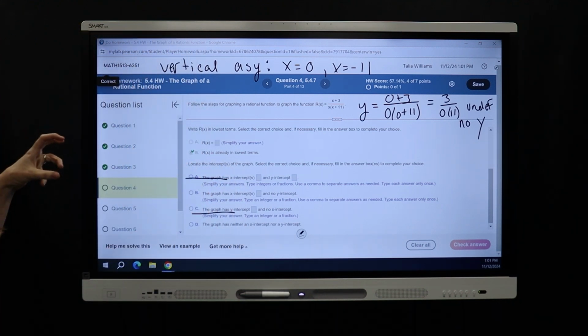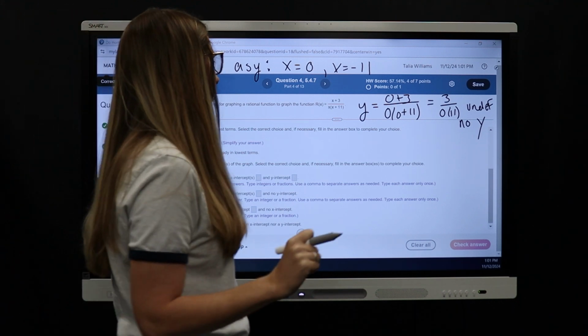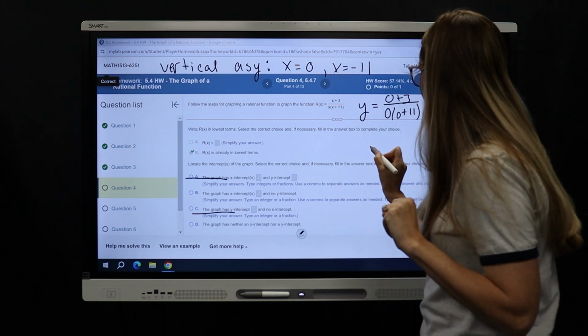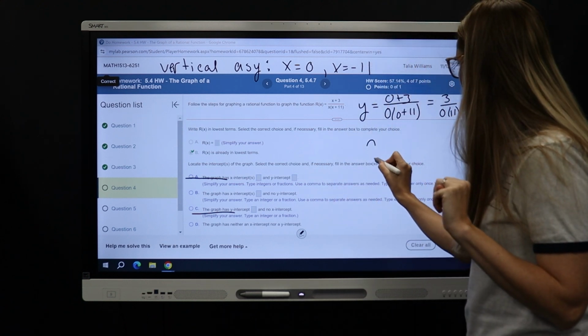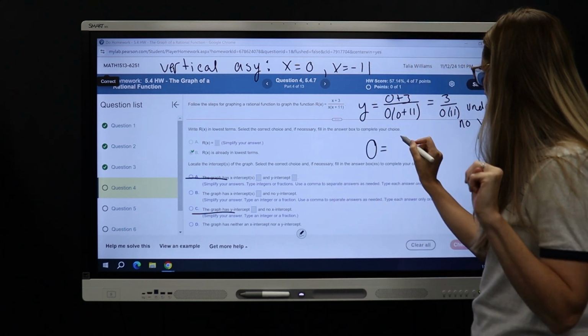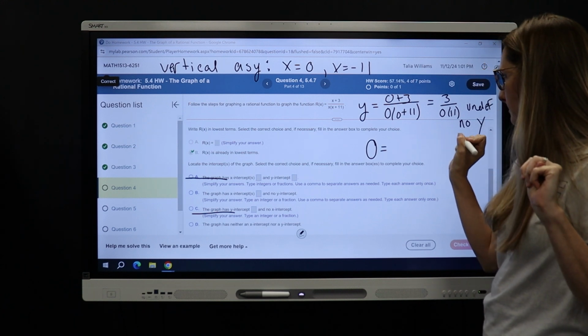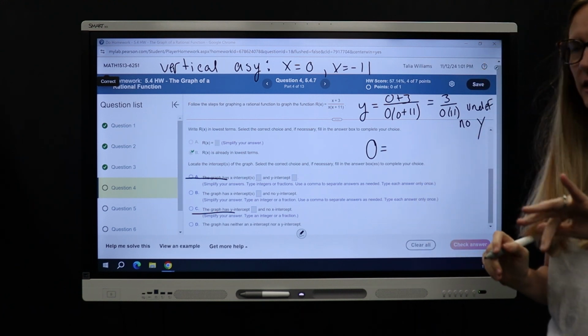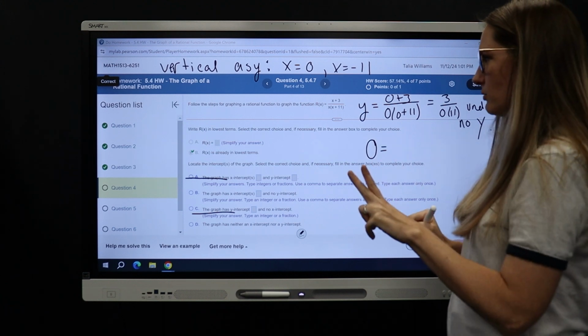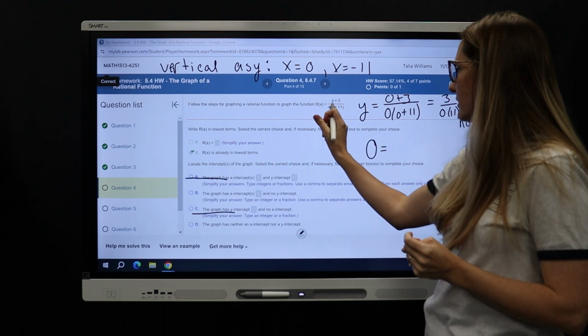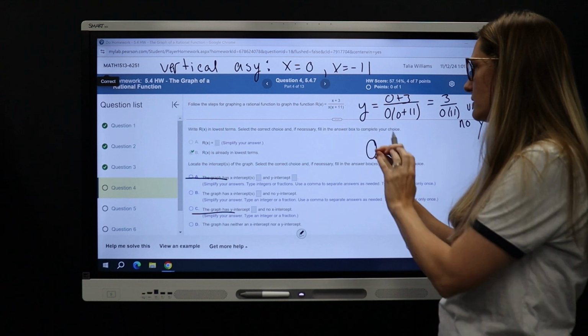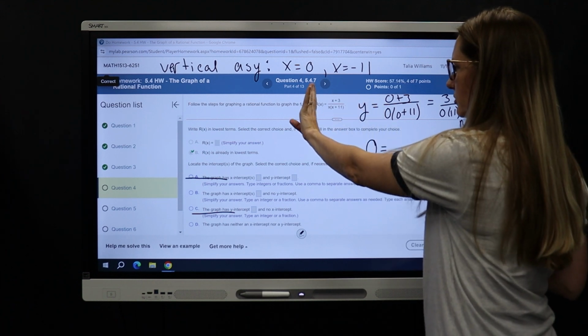Now then we need to check for our x-intercepts. So we're going to put 0 in for y and solve it. So let's do 0 equals... I said this in the last one, on question 2. When we have this denominator right here, our first step, since it's all being divided by it, would be to multiply.